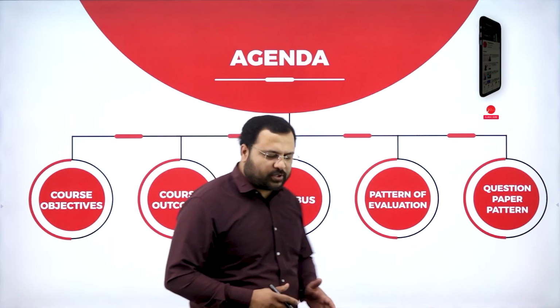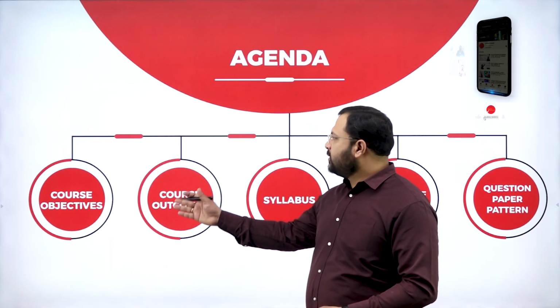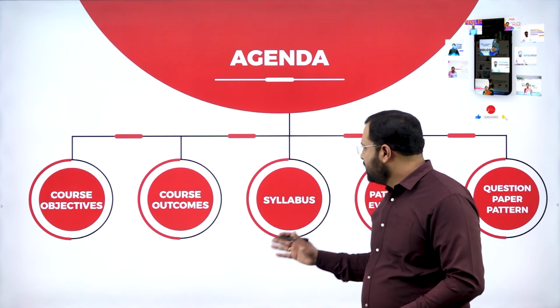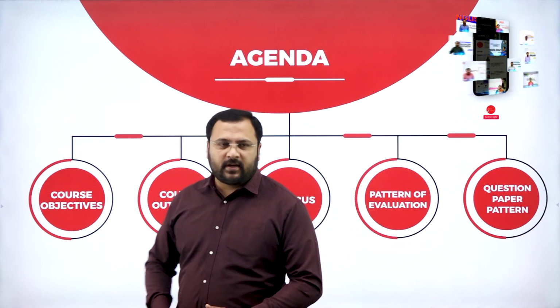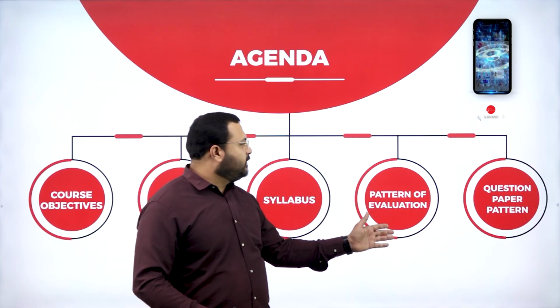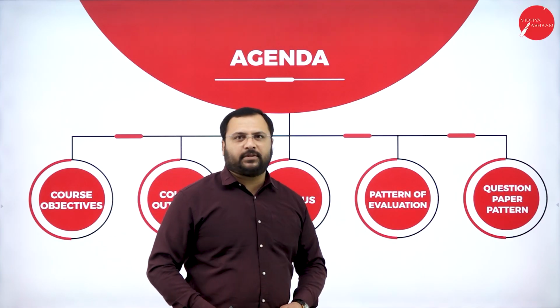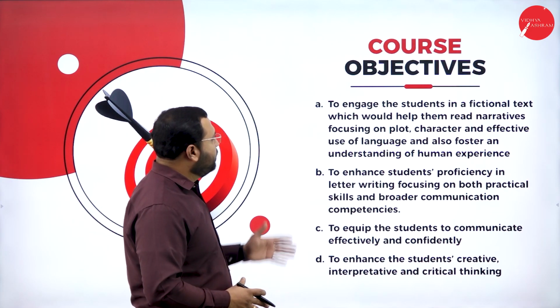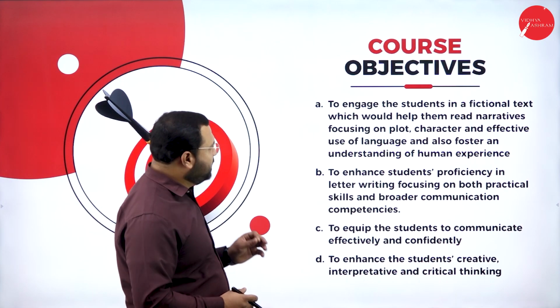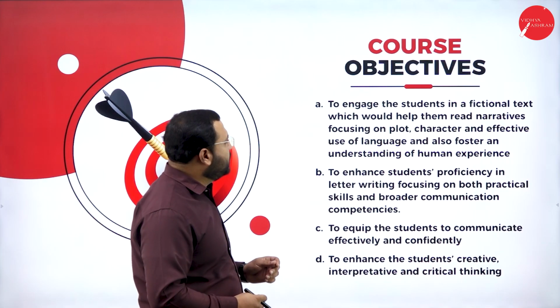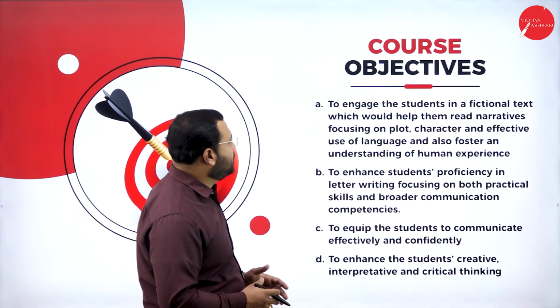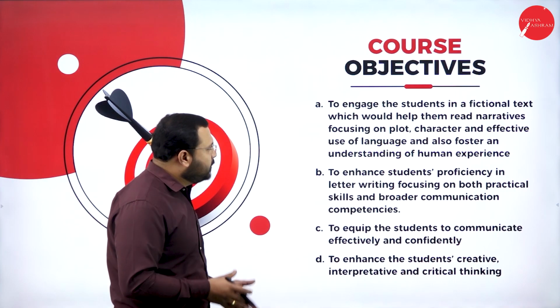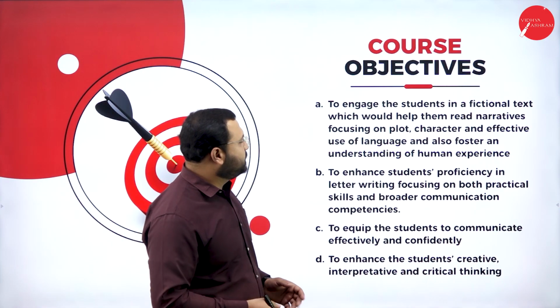The agenda for this session is, let us look at the course objectives, course outcomes, syllabus for the 4th semester, what is the pattern of evaluation and question paper pattern. What are the course objectives for the 4th semester English paper? First one, to engage the students in a fictional text which would help them read narratives focusing on plot, character and effective use of language, and also foster an understanding of human experience.